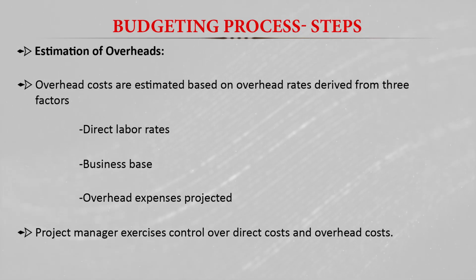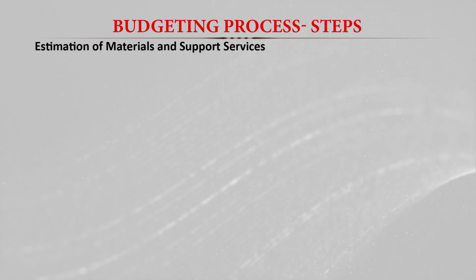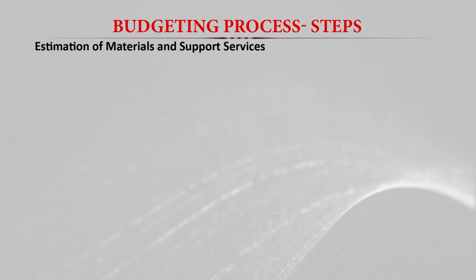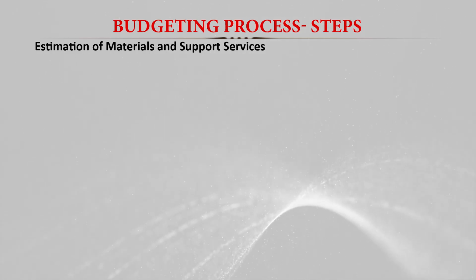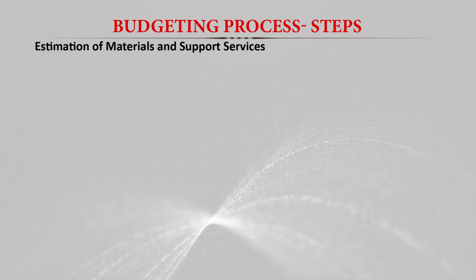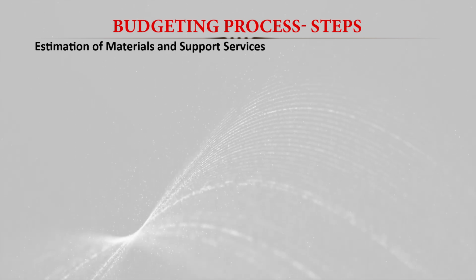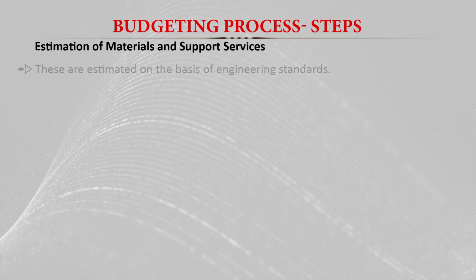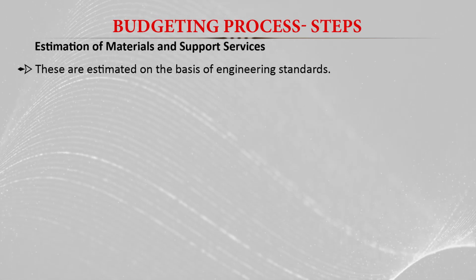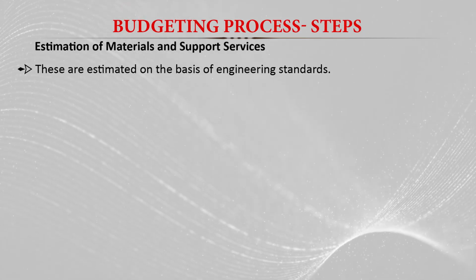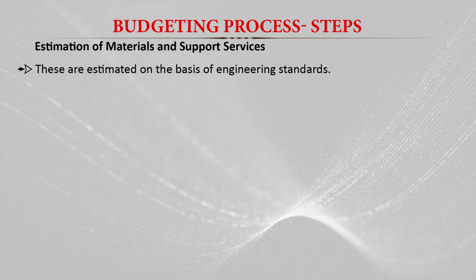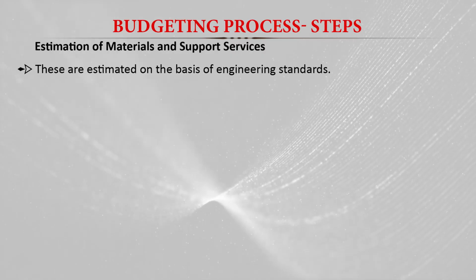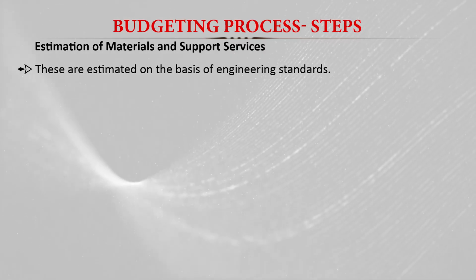And the third step is the estimation of the materials and support services. Here again we have to estimate the cost of the different materials or support services required in the project activities. For this estimation, we need information about some engineering standards and some technical aspects.